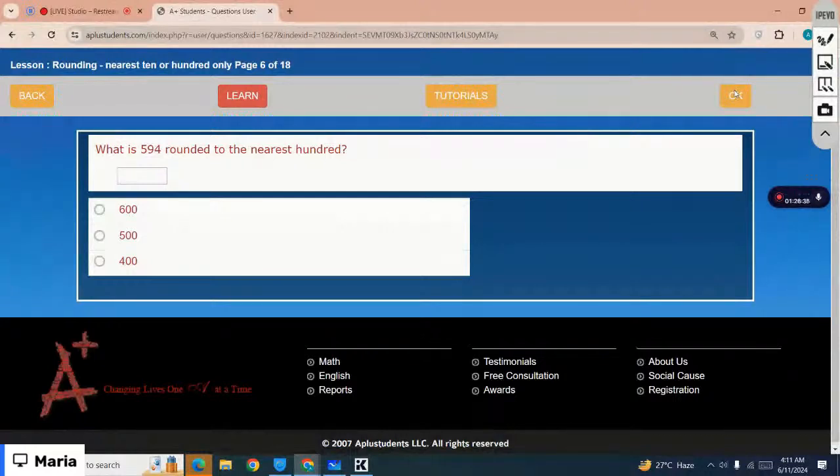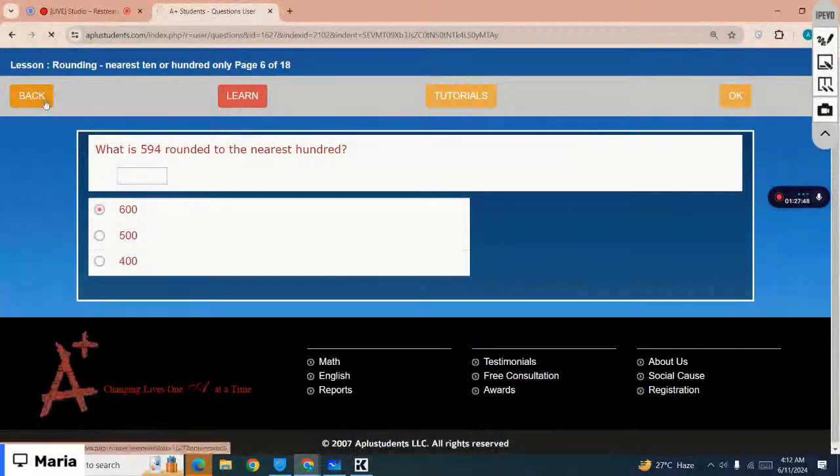So which is the correct option? 594 is rounded off to, yes, 600. The correct option is 600.